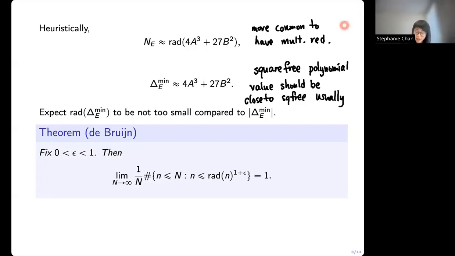In some crude sense, it's saying that most integers are almost square-free.